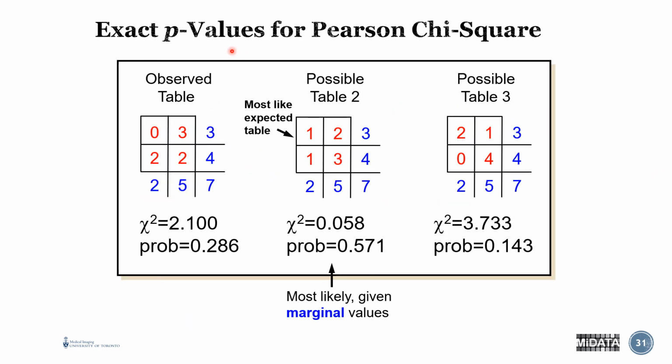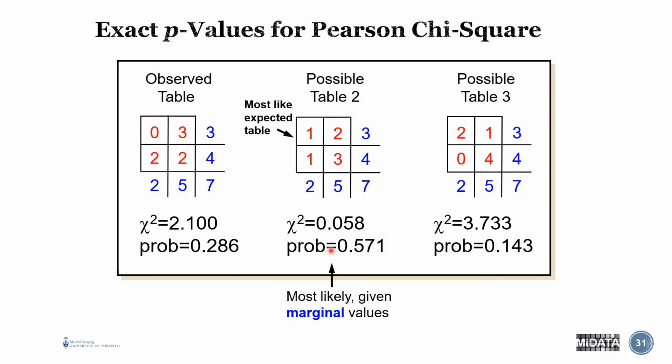So how do we calculate the exact p-value? If you look at our observed table here on the left and you look at our marginal totals, let's look at what other combinations we can have in the observed totals without changing the marginal totals. And so we have two possible tables. This table here, when you calculate the chi-square, is less than our observed table, but with a higher probability.